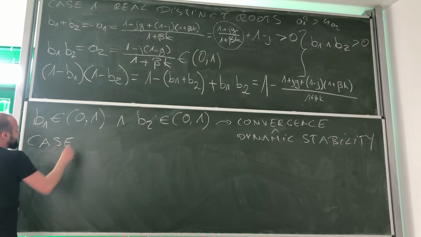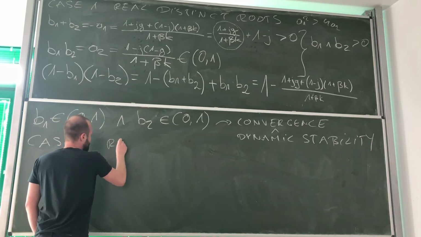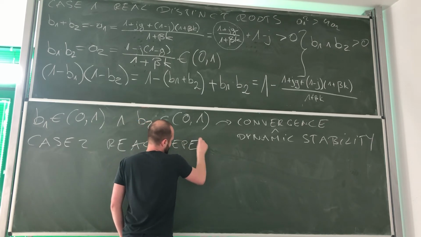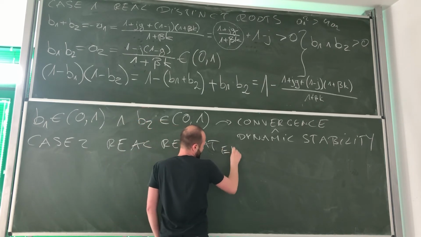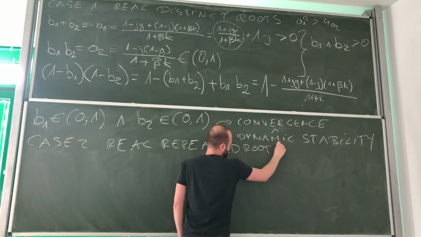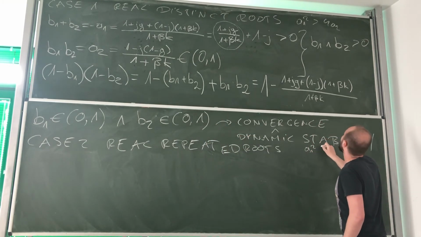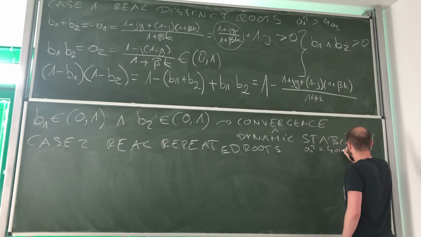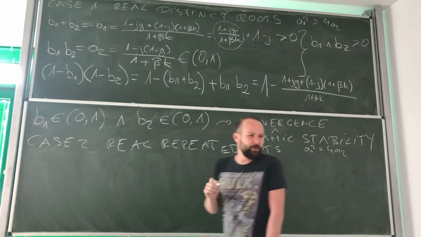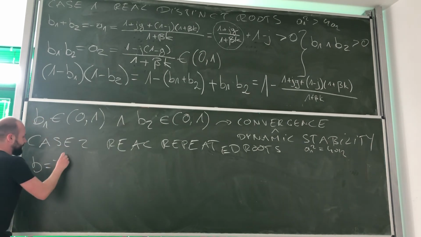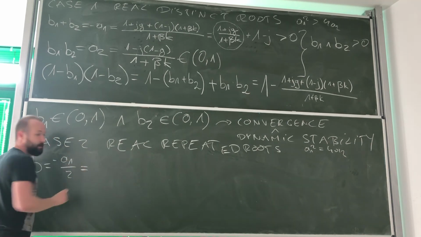Because at case number 2, when we've got real, repeated roots, we know that A1 squared is exactly equal to 4A2. The situation becomes very trivial. Look, our B in this case is negative A1 over 2. Right?